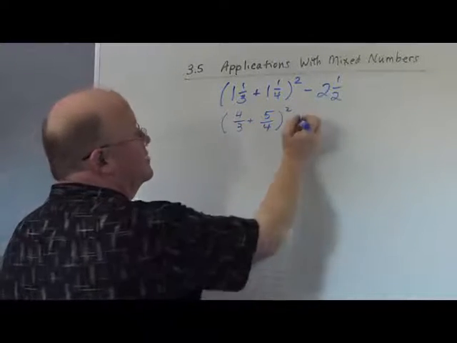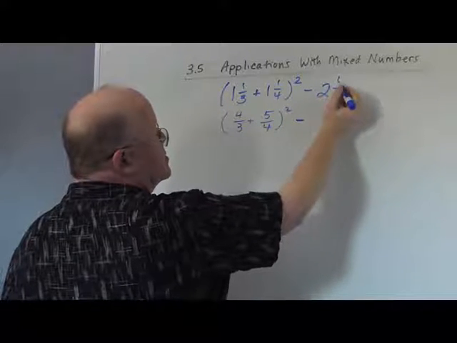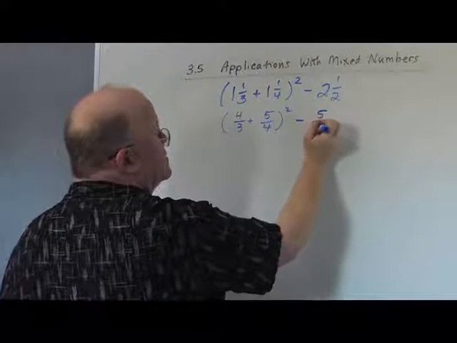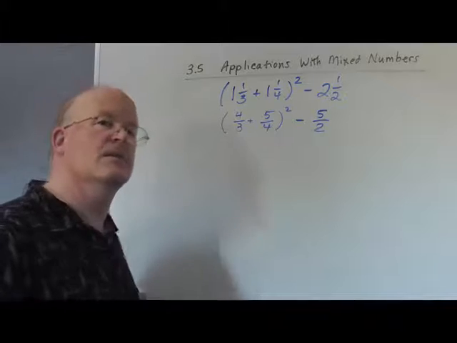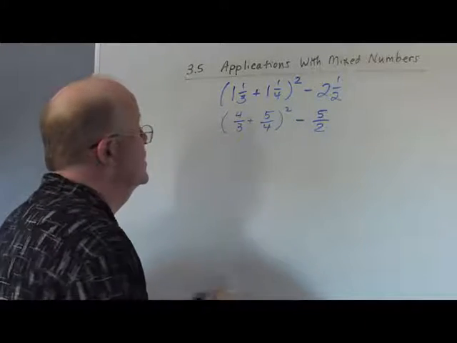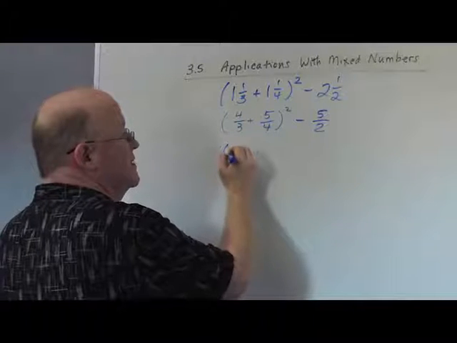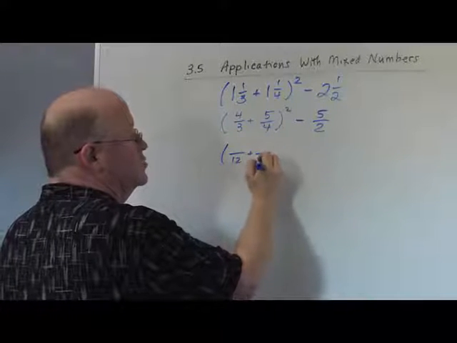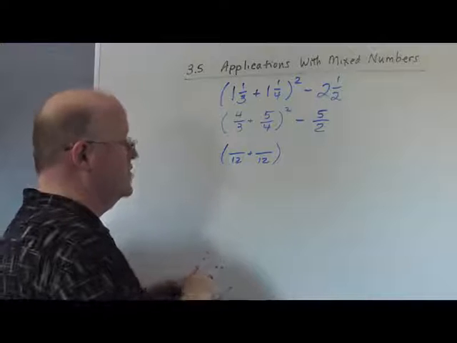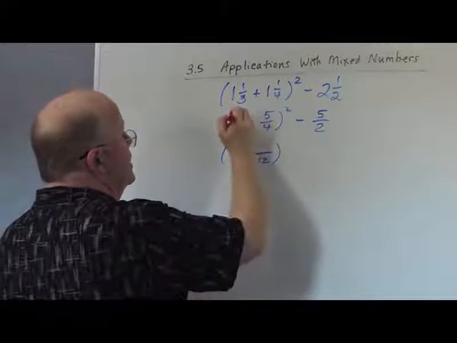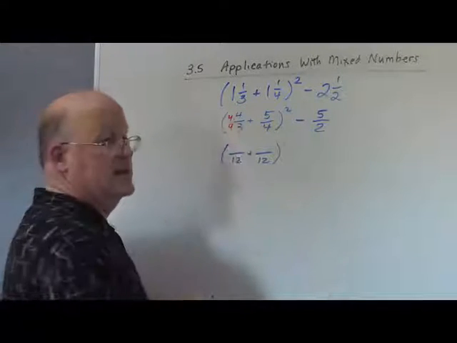Quantity squared, and I'm going to rewrite this as 2 times 2 plus 1, 5/2, so that now everything is an improper fraction. Now we need a common denominator to add inside the parentheses. That common denominator will be 12, and the first fraction is going to get multiplied by 4 over 4 to get to that 12.